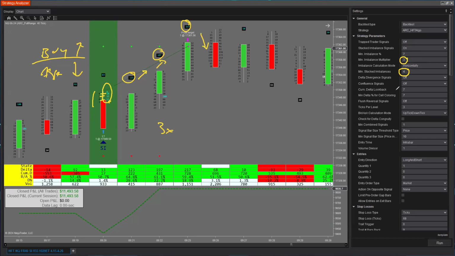The other thing you can do, which is very important for NQ especially, is ticks per level. It's not plotting every single level on NQ because you're going to get a lot of zero prints, since NQ moves very fast. Instead, we've bundled 3 ticks together as one level, and it's using the order flow based on that.